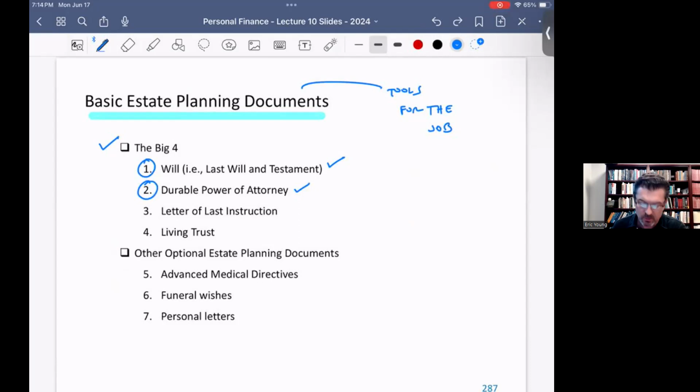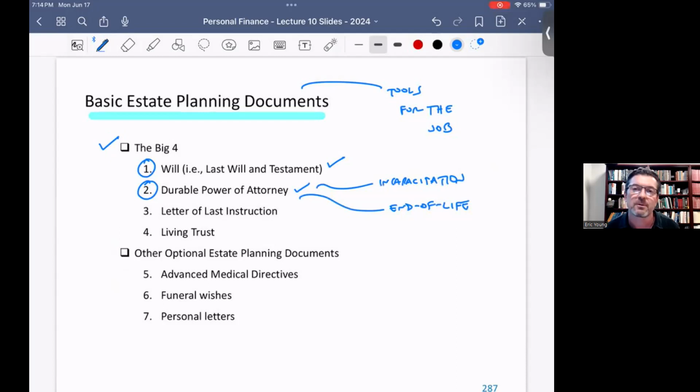The durable power of attorney is tied to incapacitation, and it is also a way where you can lay out and codify your end of life wishes. Do you want to be resuscitated? What kinds of end of life care do you want?